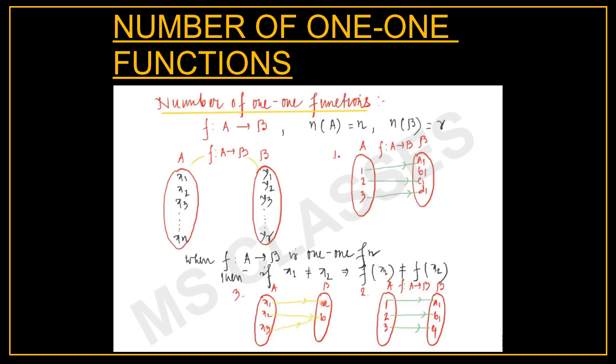If I take it to A, then also it is many-one. That means a one-one function will be possible only when the number of elements in the codomain is greater than or equal to the number of elements in the domain.